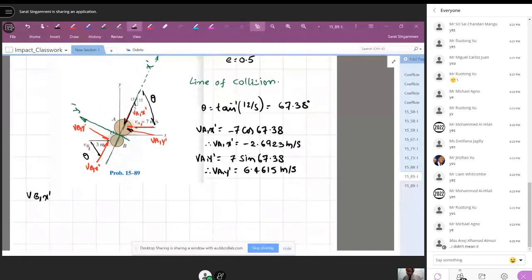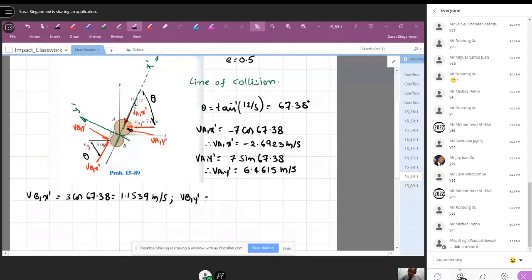So this is equal to VB1, 3 cos 67.38, which is equal to 1.1539 meter per second.